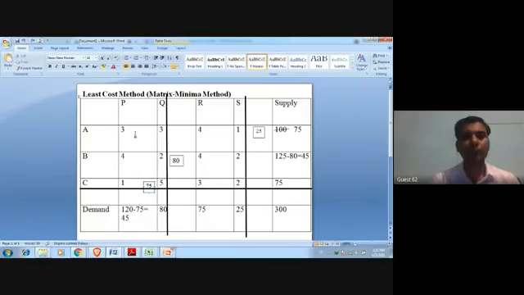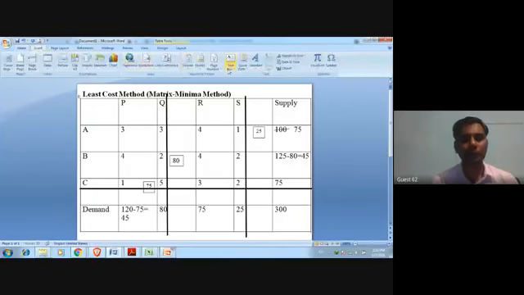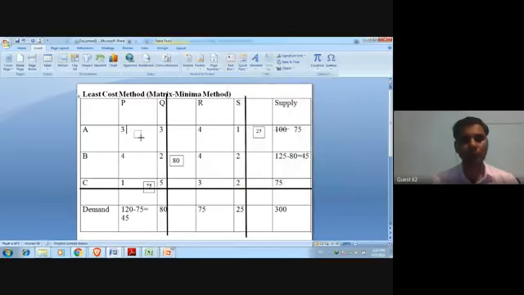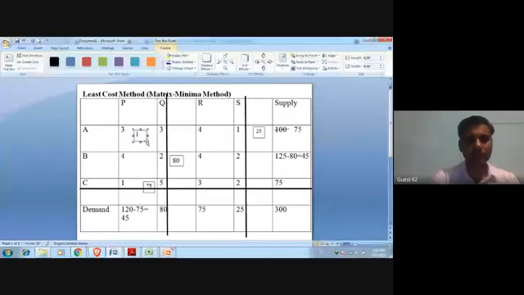We will give 45 units from A to P. So I'm drawing a box in which we will assign 45 units. I have given 45 units to warehouse P.